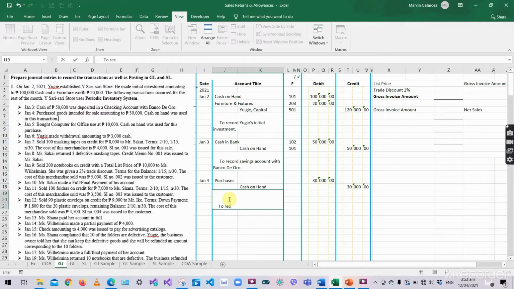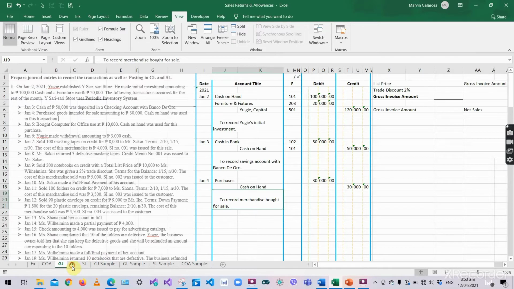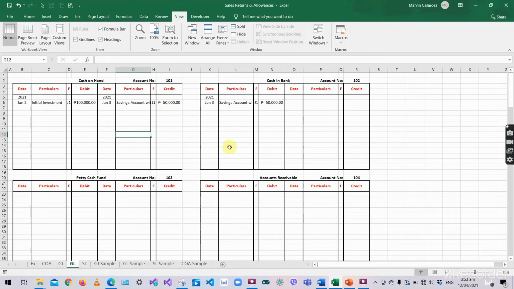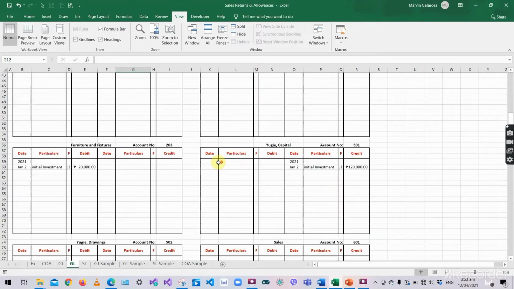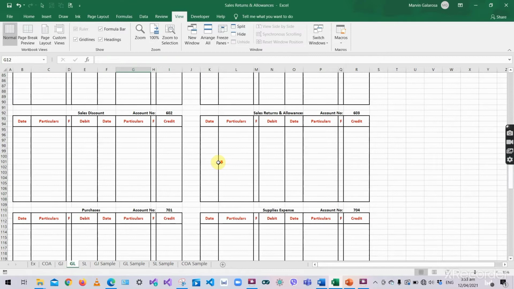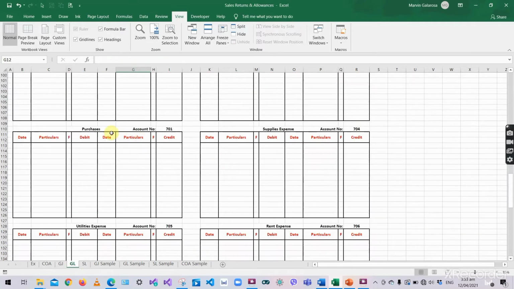To record merchandise bought for sale. Then, post natin siya sa ledger. So, purchases. Ito siya.